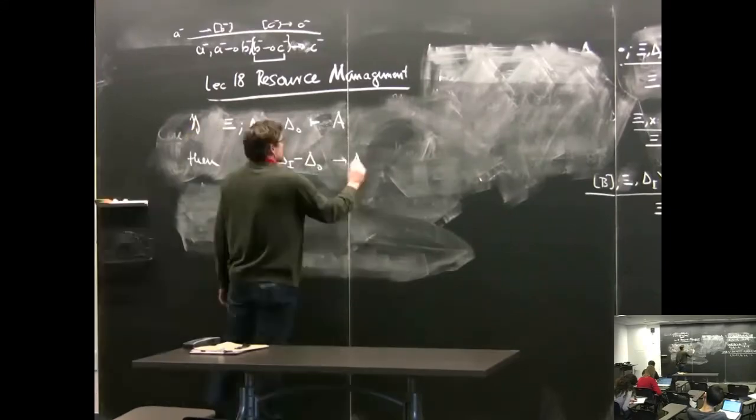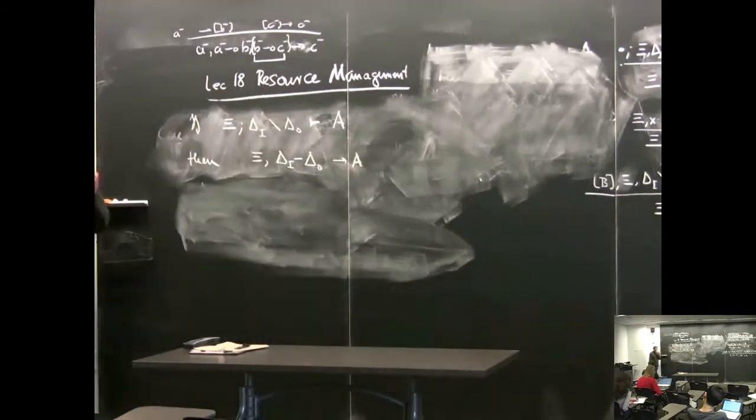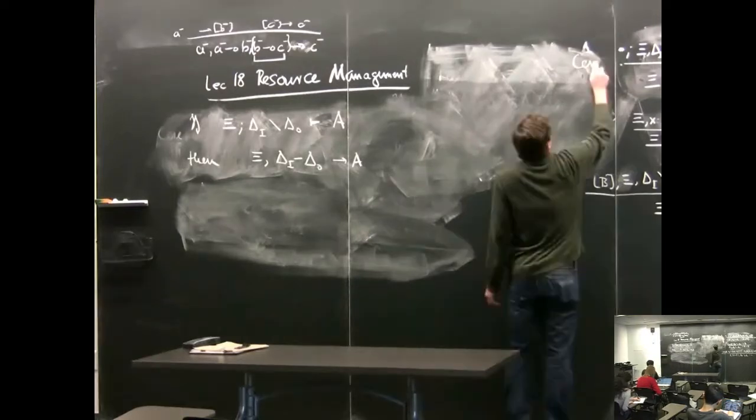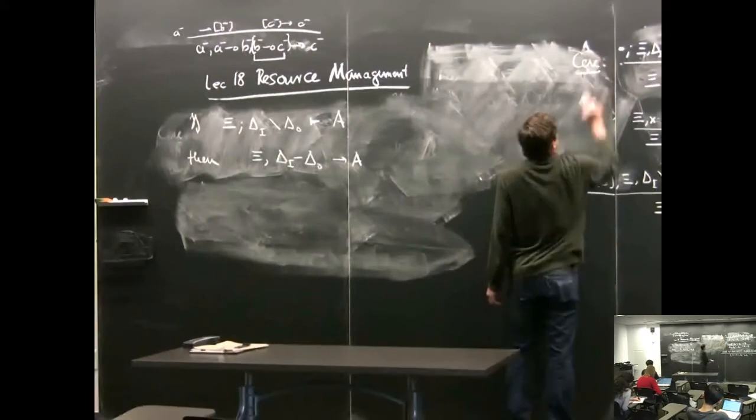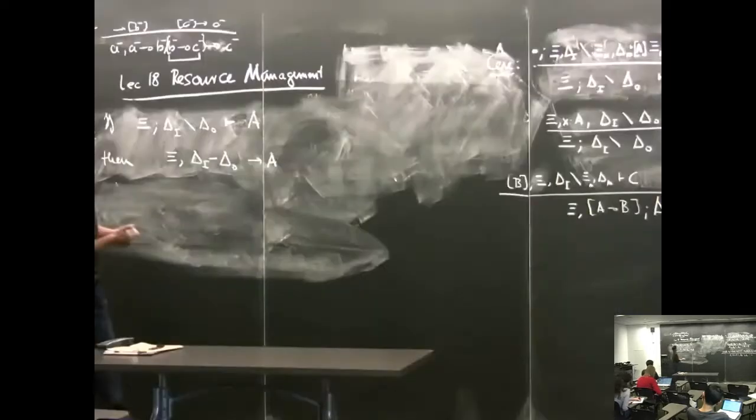Let me give a little bit of proof of A. So this actually seems easier. Let's check the case would be this one here. What do we get by induction hypothesis on the first premise?